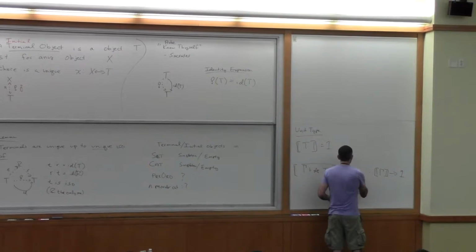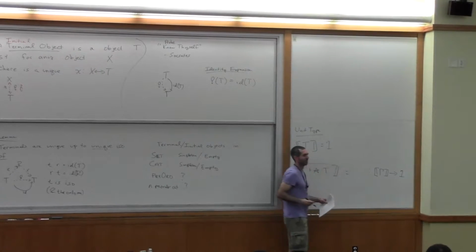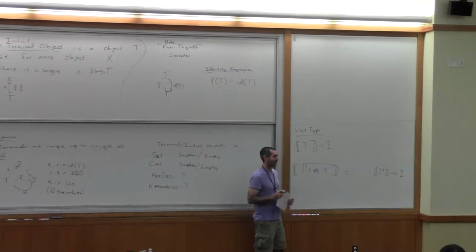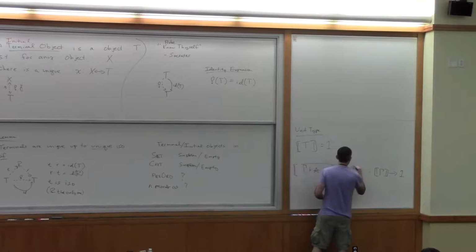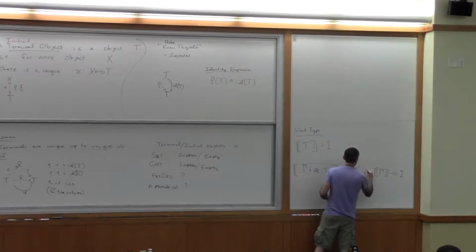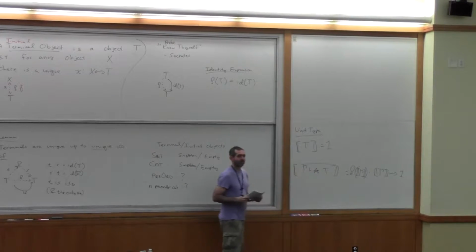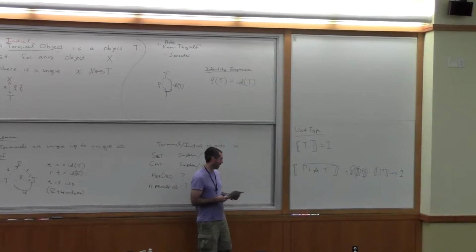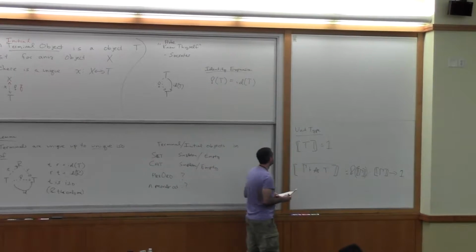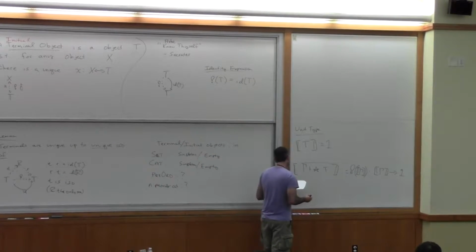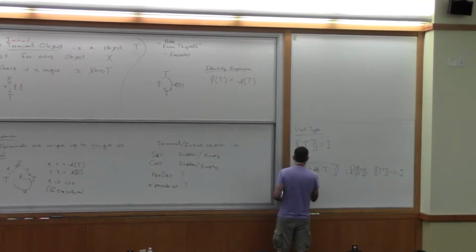Okay, but what can I put here? What's the only thing that lives there? It's the bang map on the interpretation of gamma. Okay. We can also now understand how to interpret an empty context.